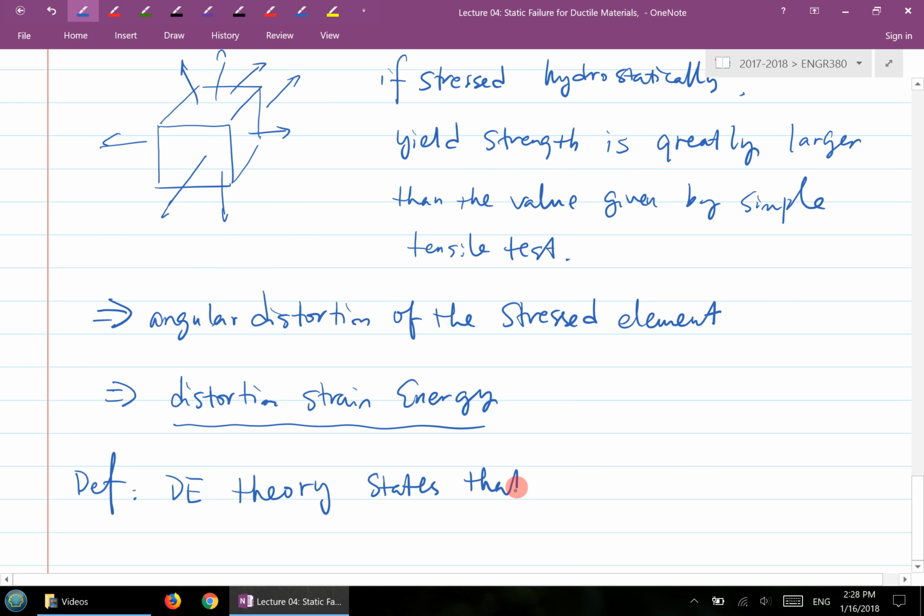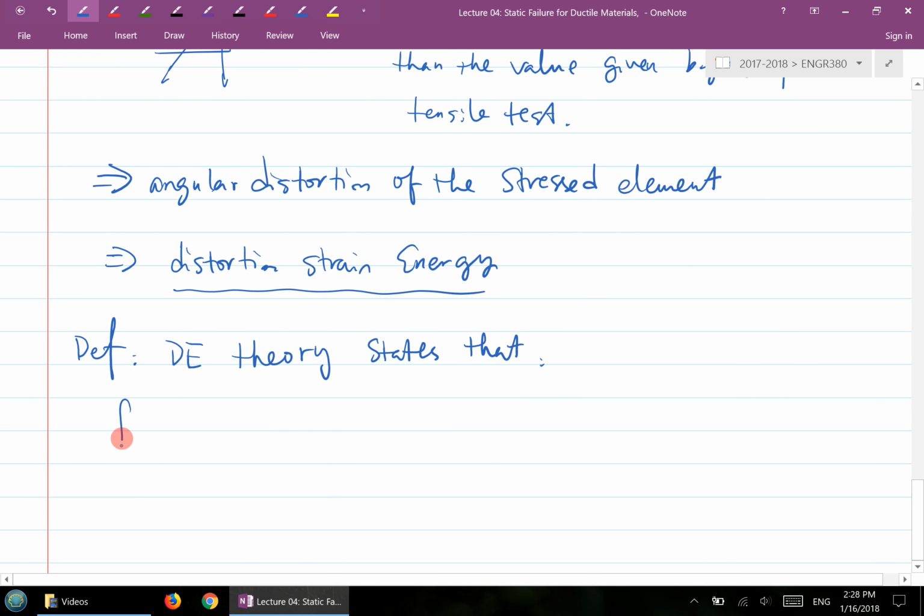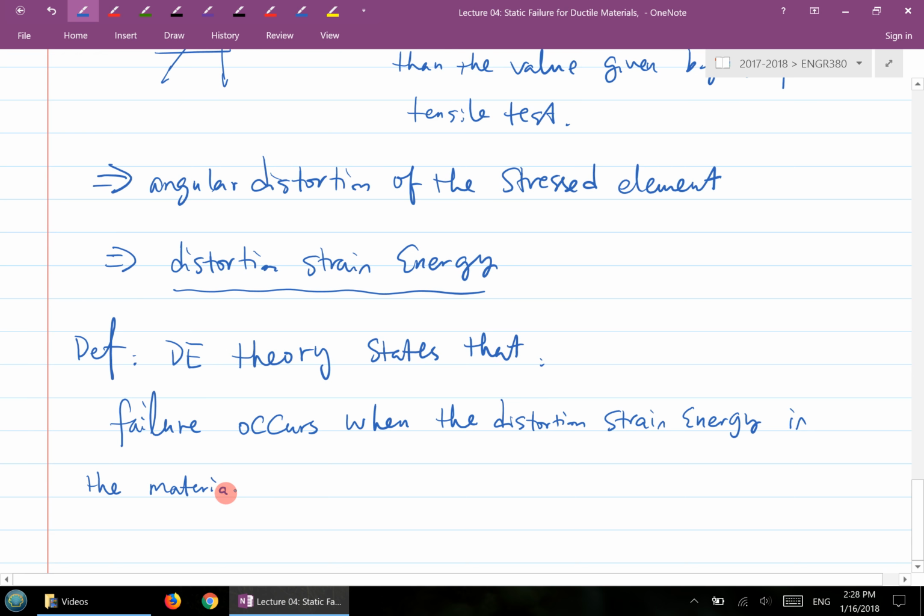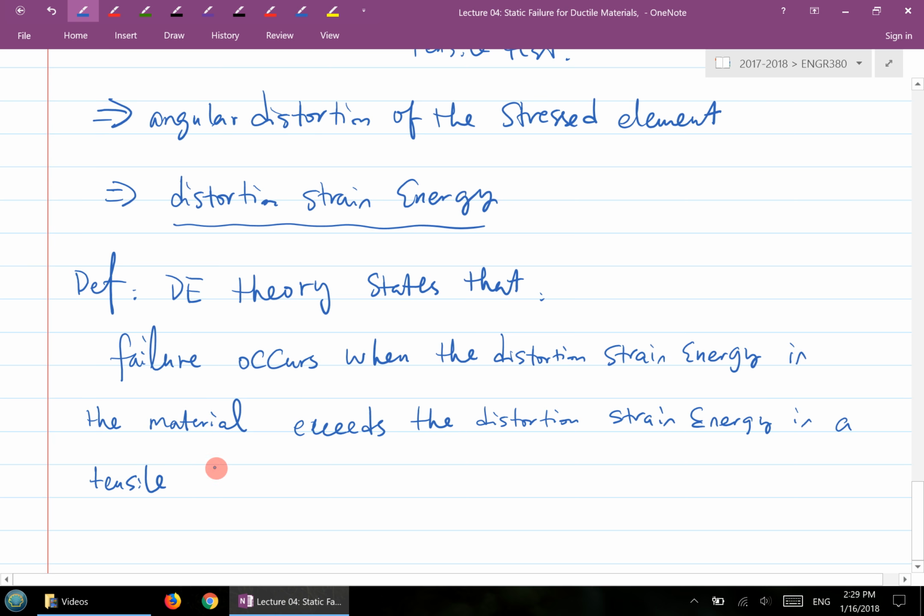The DE theory states that failure occurs when the distortion strain energy in the material exceeds the distortion strain energy in a tensile test specimen. Of course, they should be the same material.